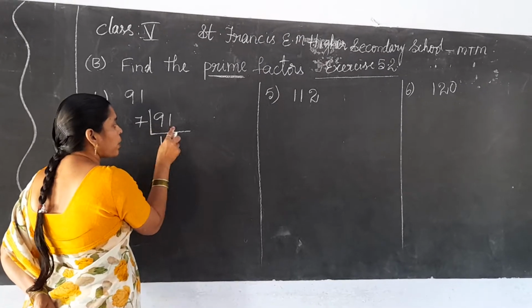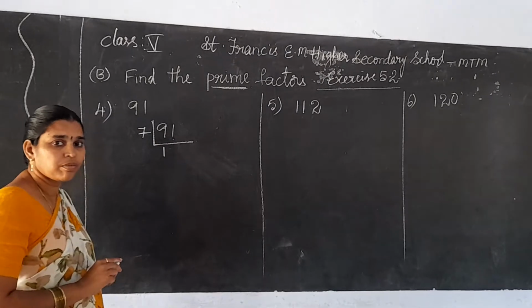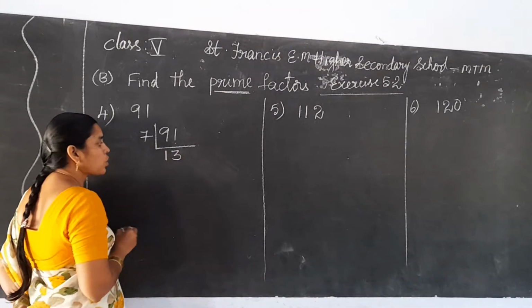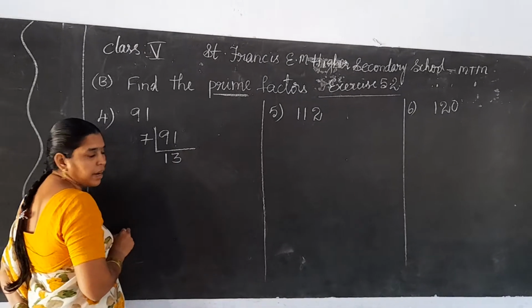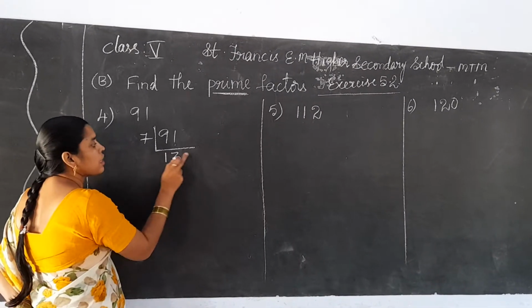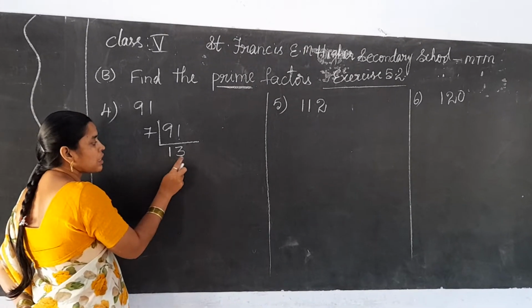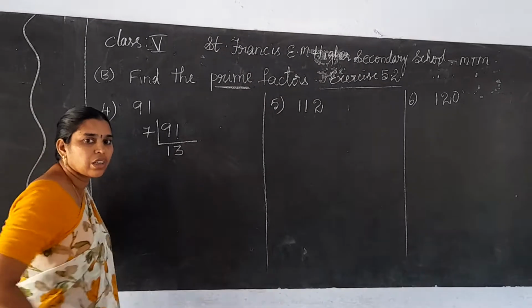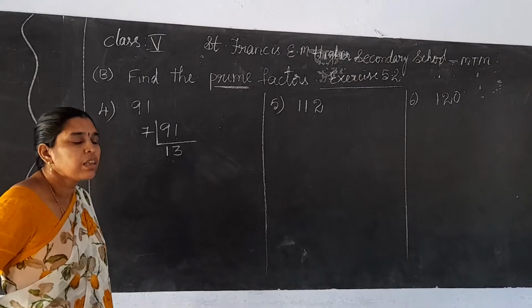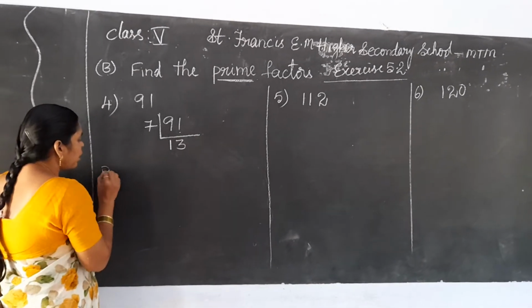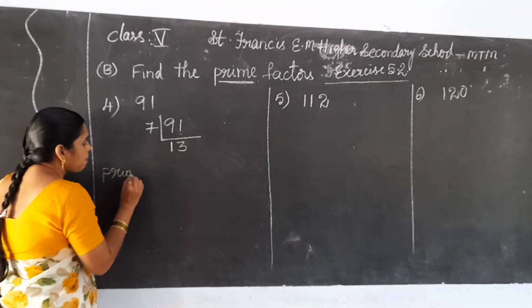Now 7 how many times will go in 21? 3 times. 7 threes are 21. Right? The quotient you should write down. Clear, children? Now it is 13. Is 13 a prime number? Yes.